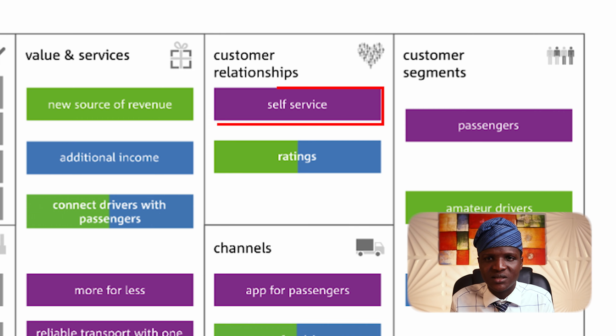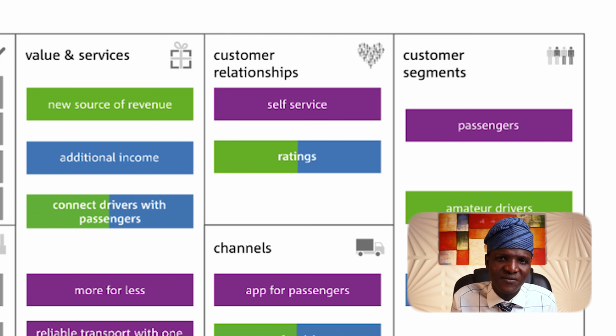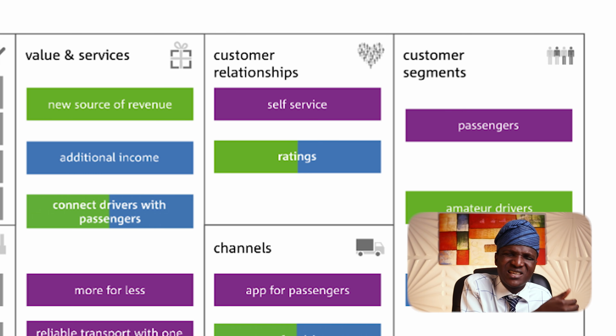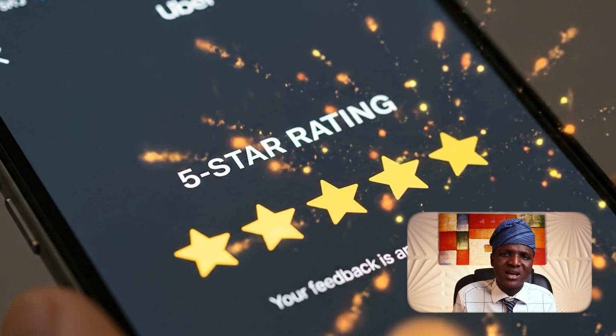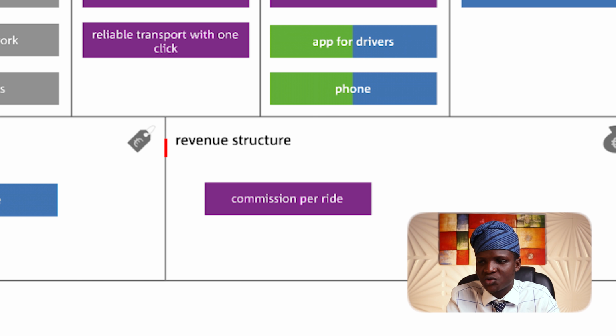Number 1, self-service. People can easily go in on their app and do what they want with no restriction. And for their drivers, they have ratings. Because they want customers to see everybody's ratings so that they will be able to pick which driver is the best.